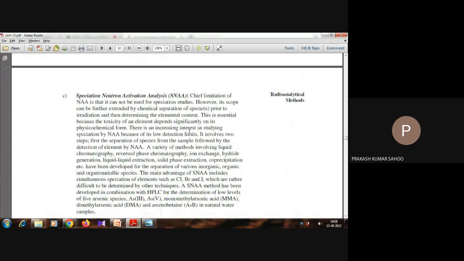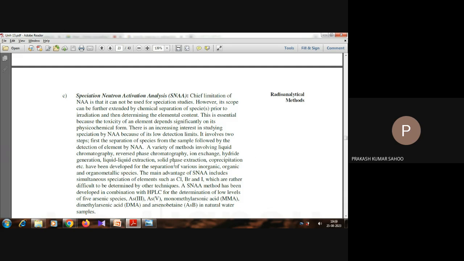Then speciation neutron activation analysis. The chief limitation of NAA is that it cannot be used for speciation studies. So how can its scope be further extended? Chemical separation of species prior to irradiation, and then determine the elemental content. This is essential because the toxicity of the element depends on its physiochemical form. So the toxicity can be determined by separation of the analyte by using liquid chromatography, reverse phase chromatography, ion exchange.